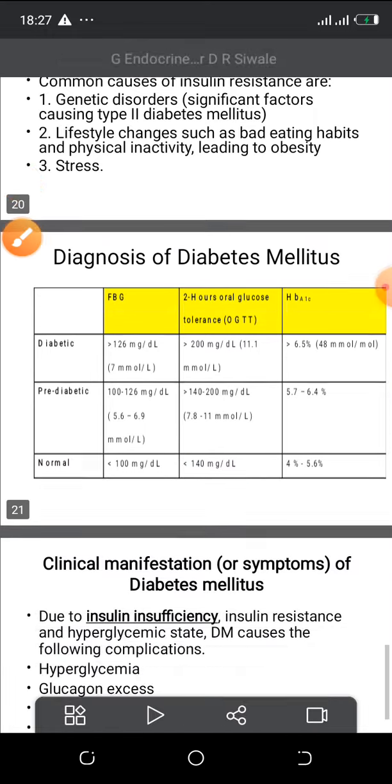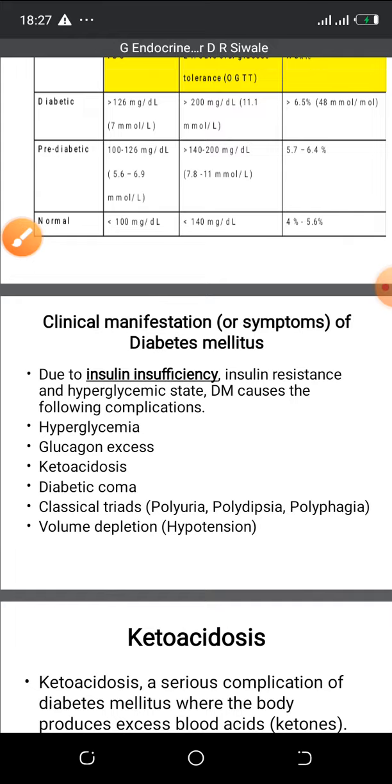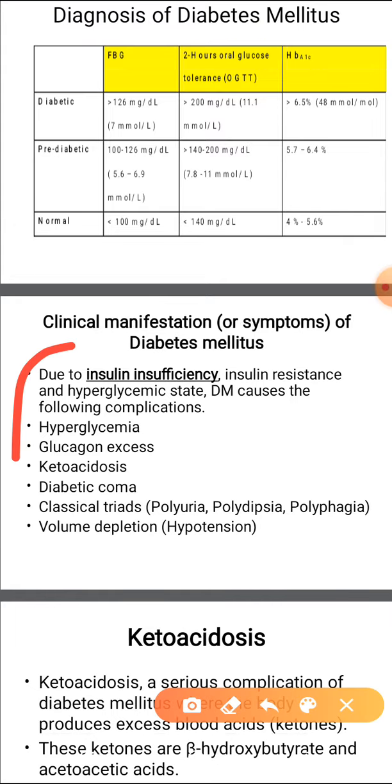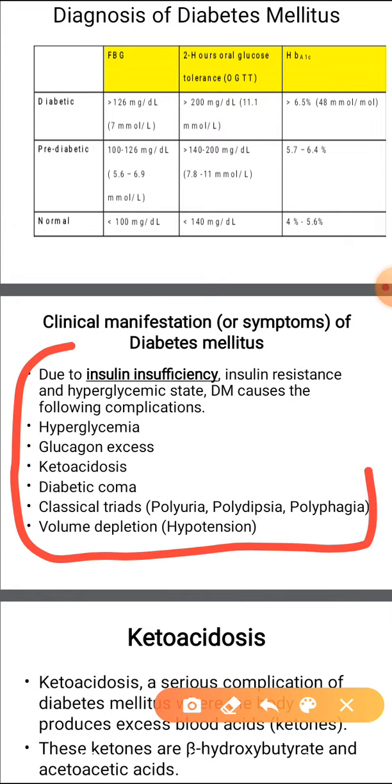So when a person has diabetes, usually these are the symptoms. Due to insulin insufficiency, insulin resistance, and hyperglycemia, diabetes causes the following: hyperglycemia, glucagon excess, ketoacidosis, diabetic coma, and what we call the classical triad: polyuria, polydipsia, polyphagia, and it can lead to hypotension.